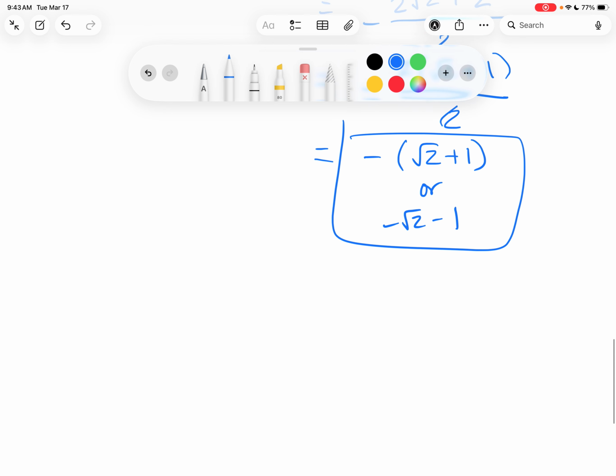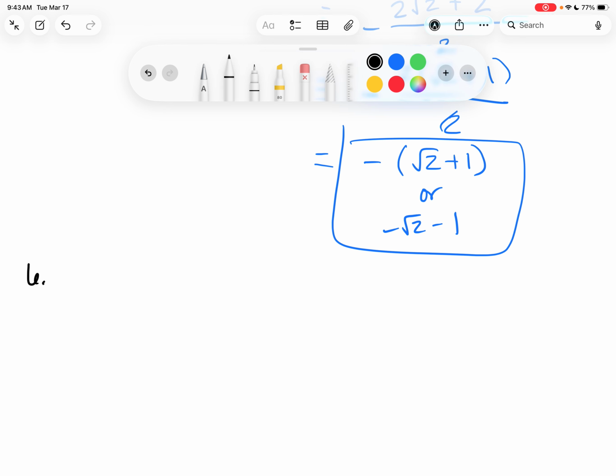All right, number 6. Cosine of negative 75 degrees. So we have to do the double thing, right?